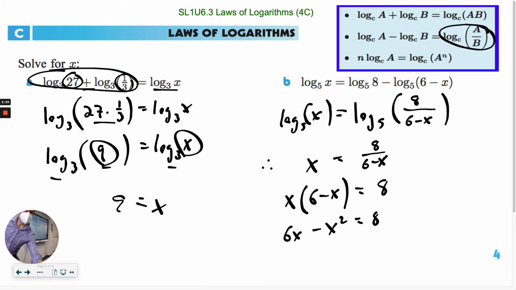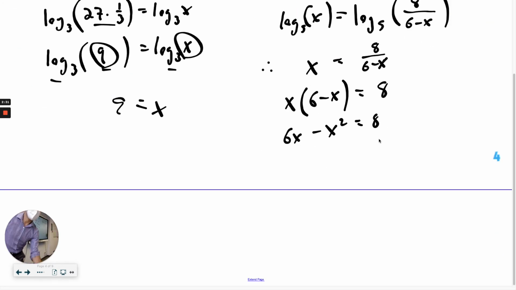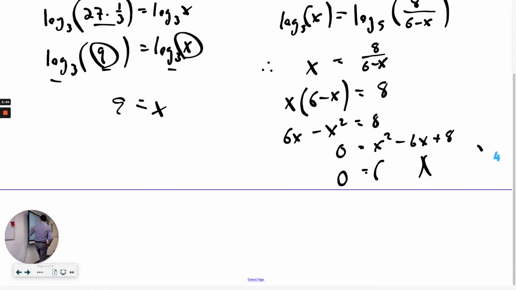We kick everything to the right-hand side. So you get x squared minus 6x plus 8. And then you can factor it, or this one's factorable, but blast it with the quadratic formula, or whatever you like. So what, 4 and 2, and negatives. So therefore you get x is 2 and x is 4.